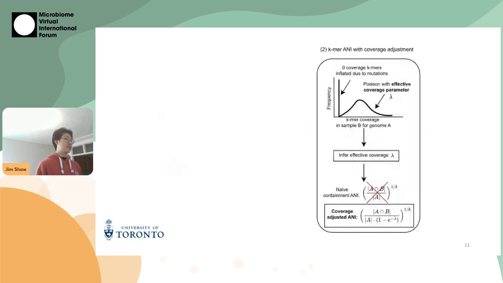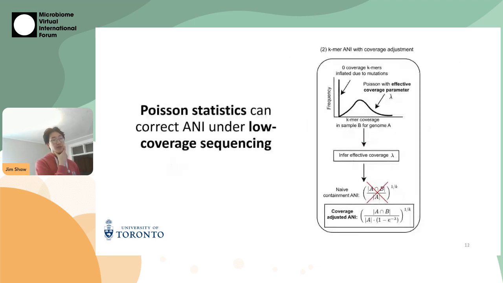So what sylph does is we use some statistical methods to correct for this. I don't have time to go into all the methodological detail. You can check the paper, which I'll link at the end. But the general idea is that if you know something about DNA sequencing theory, it's connected to Poisson statistics for how we calculate coverages. And this can be used to correct, or unbias, that ANI that I talked about before, which is this formula down here.